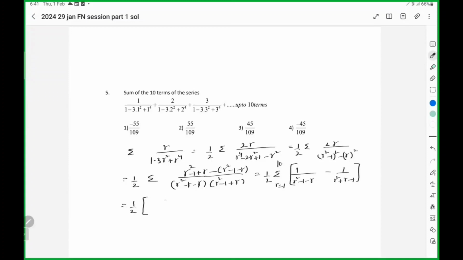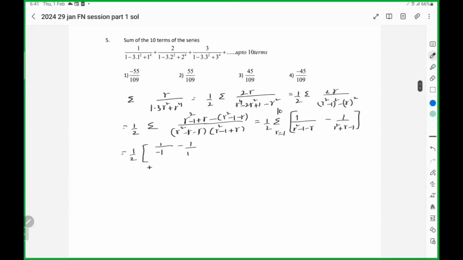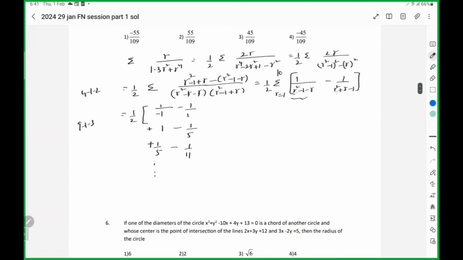Half into, put r as 1: 1 − 1 = 1, r as 2: 4 + 2 − 1 = 5, r as 3: 9 + 3 − 1 = 11, r as 10: 100 + 10 − 1 = 109.